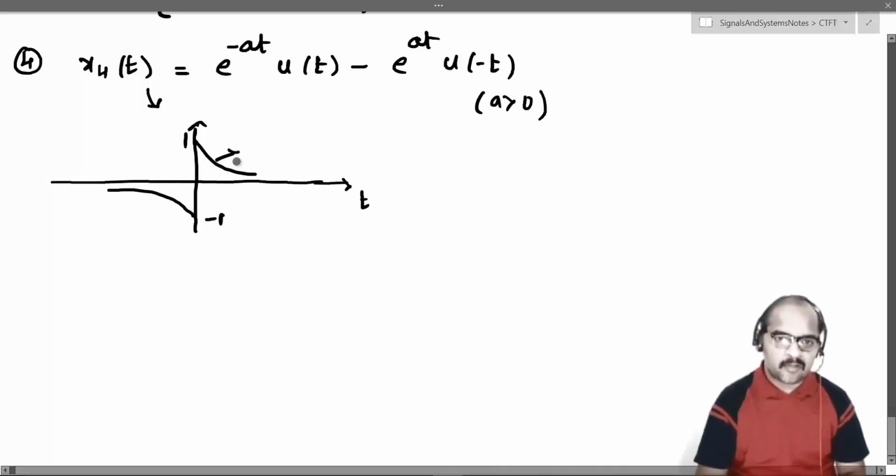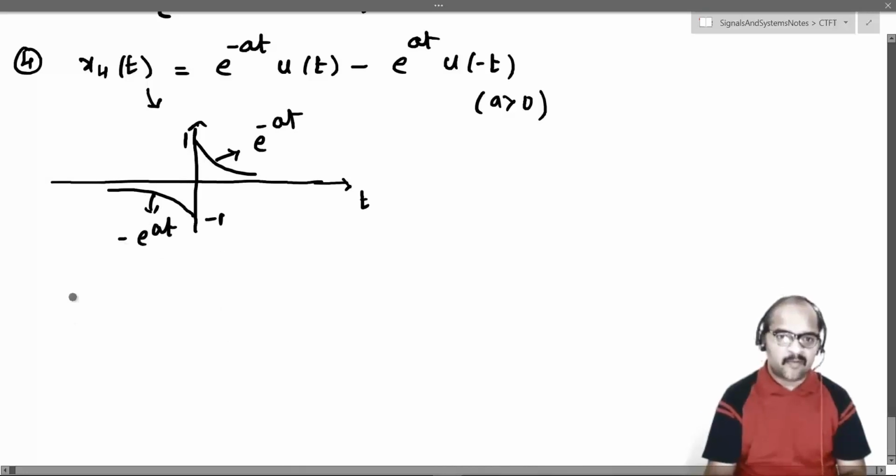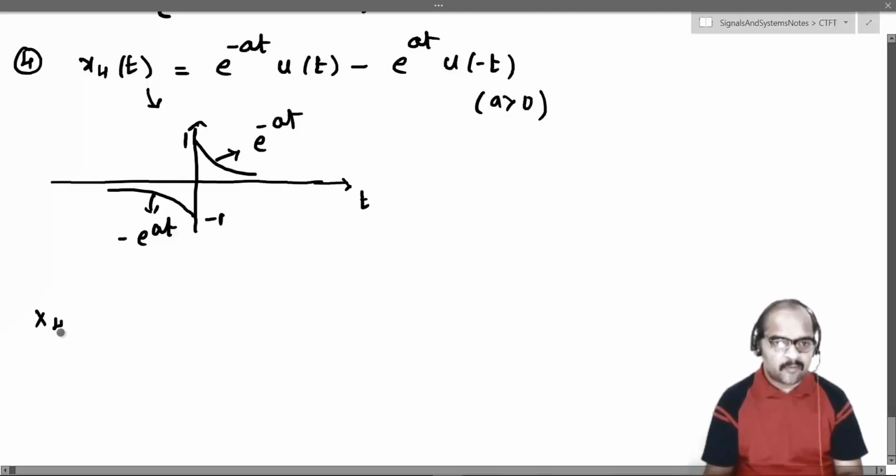And what is the equation of this curve? e power minus at. And what is the equation of this curve? Minus e power at. Because we assumed a to be greater than 0, the given signal is absolutely integrable, and hence what will be the corresponding Fourier transform?